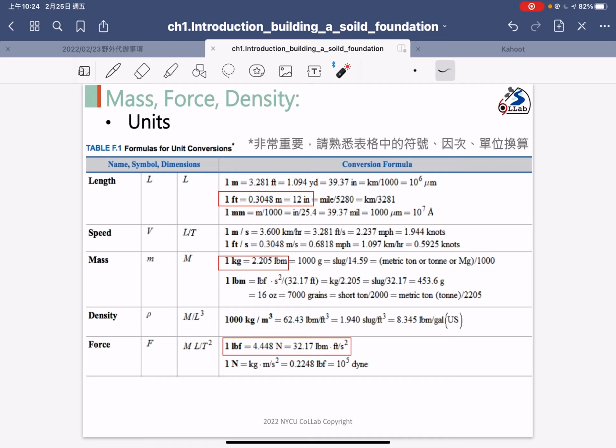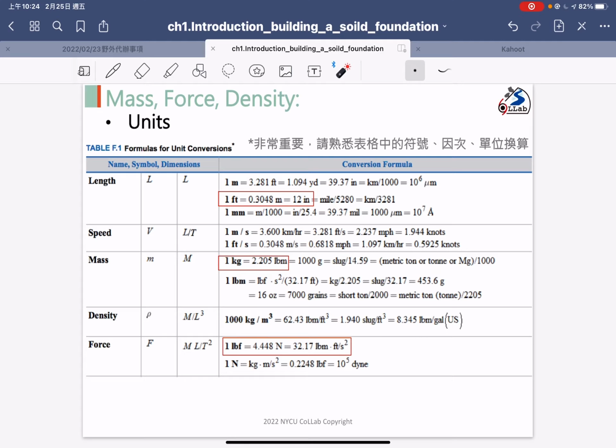I always emphasize the unit is quite important for our class. So you need to know the certain conversion factors. As you can see, I highlight some important things. 1 ft is equal to 0.3048 meters. And 1 ft is equal to 12 inches.